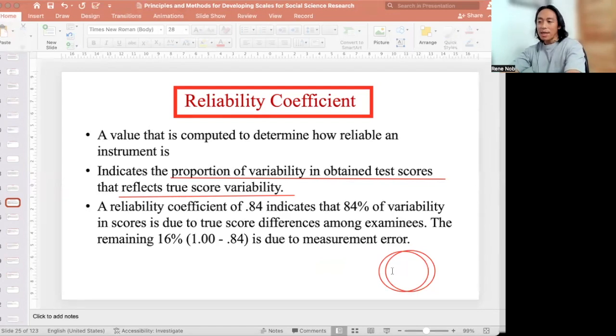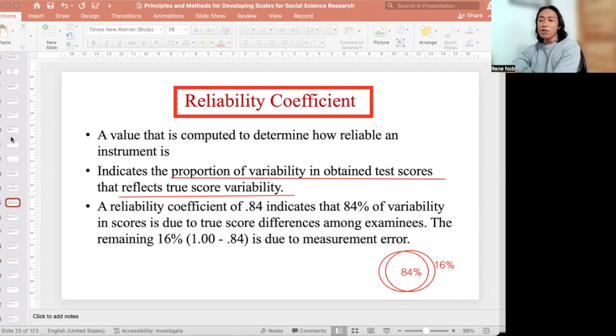So let's say, for example, that it's represented by this overlap, then this would be your 84%. And the one that is outside, the variability that is caused by error, this one, this would be your remaining 16% variability right here. Okay, so that is your reliability coefficient.